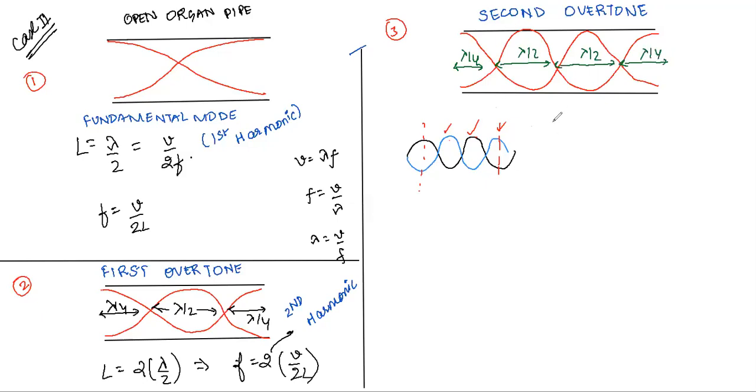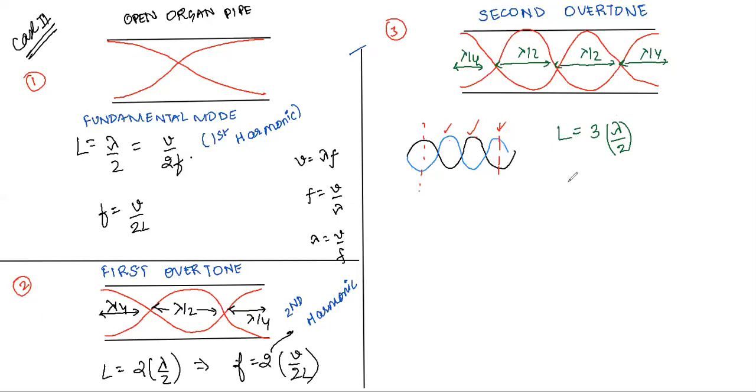What do you get? L is equal to 3 lambda by 2. Be very careful. Lambda by 2 plus lambda by 2 plus lambda by 2 is 3 lambda by 2, right?